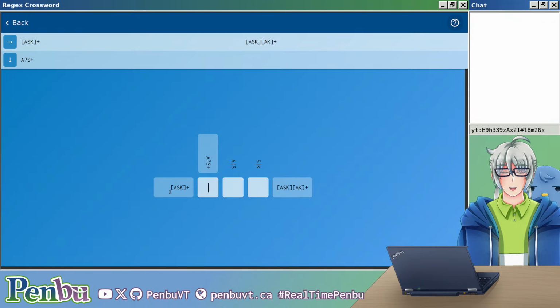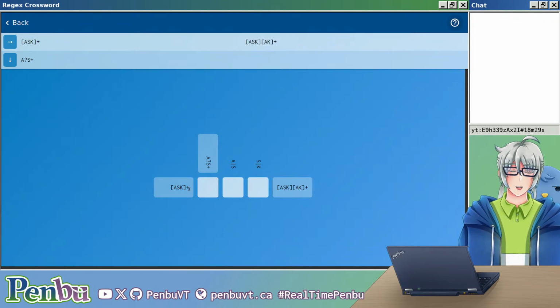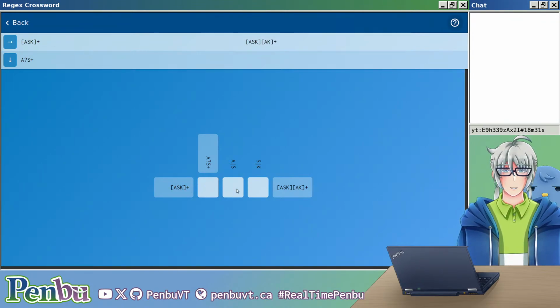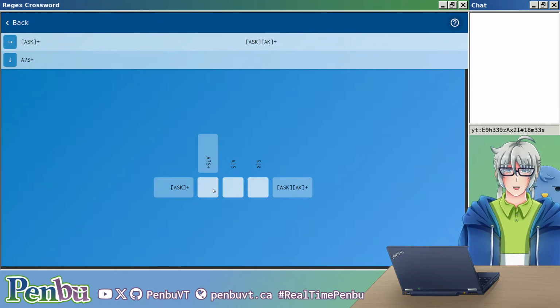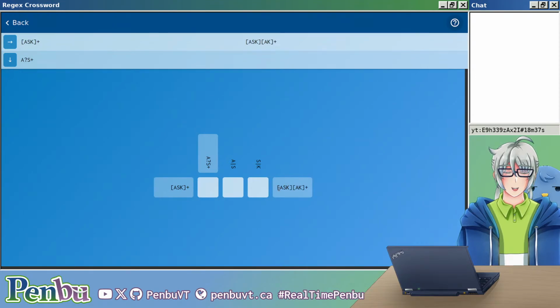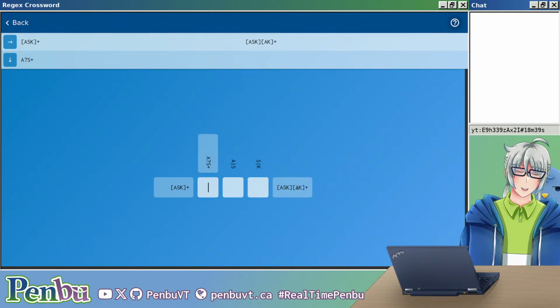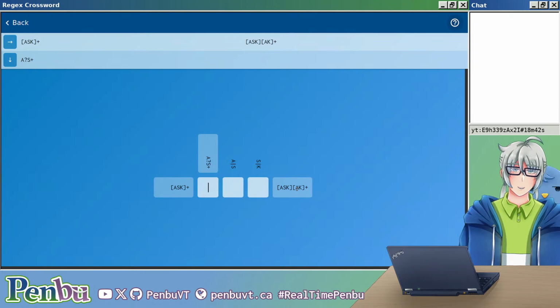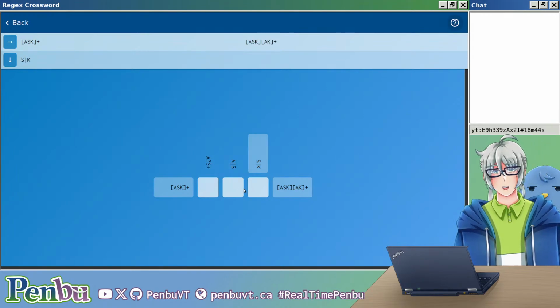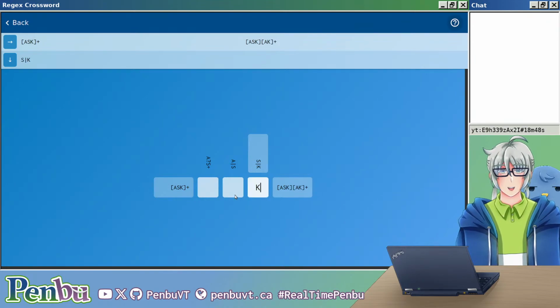What do we have here? We have ASK and one or more of those, so all of these have to be an A, S, or K. And then over here we have an ASK and then one or more A or Ks, which means neither of these can be S's, which means we are forced to have this as a K because of that.